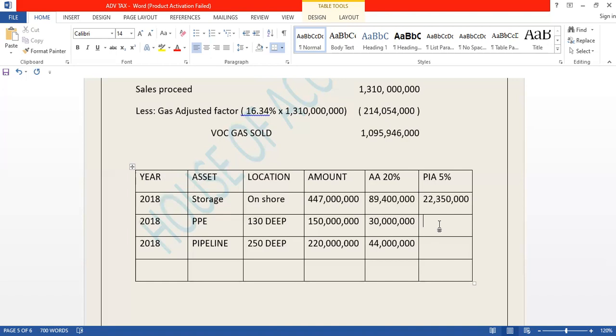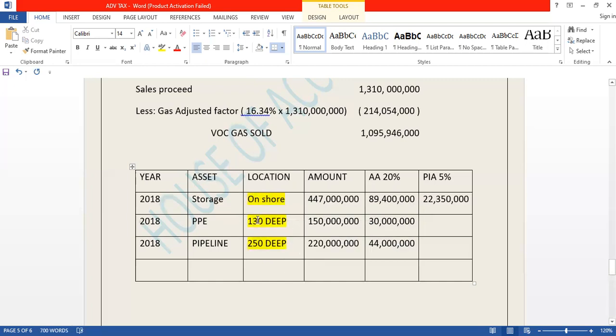So it's 5% for onshore, we have 10%, we have 50%, and we have 20% for the next one. So for this one now, it depends on the deep. This is the factor that will determine which percentage you are going to use. Are you getting what I'm saying now?